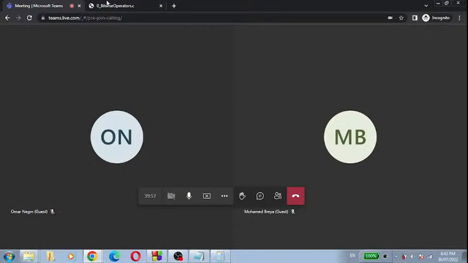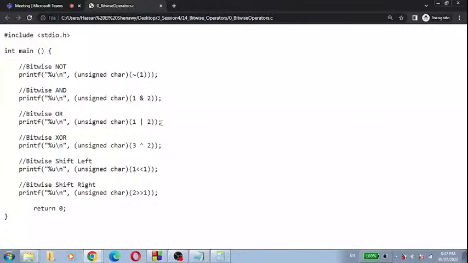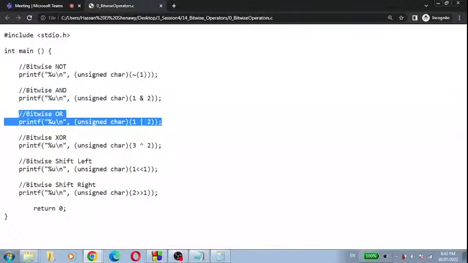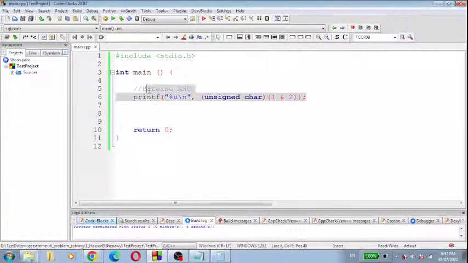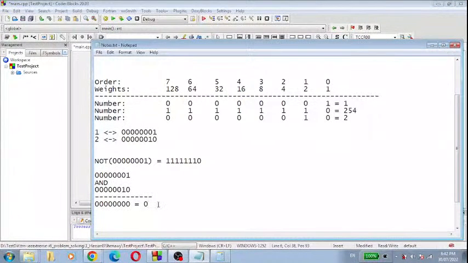The next operation is OR, bitwise OR. I want to make the operation of 1 ORed with 2. So let's get back here and change this to OR.